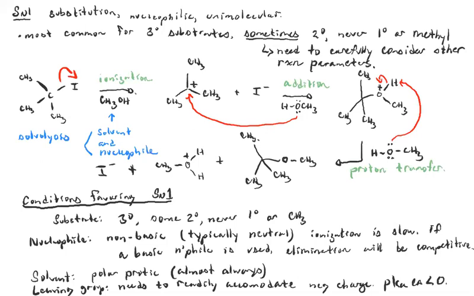So the pKa of the conjugate acid of the leaving group, just like the SN2, should be less than 0. So there's nothing that you need to really sort of rethink there.